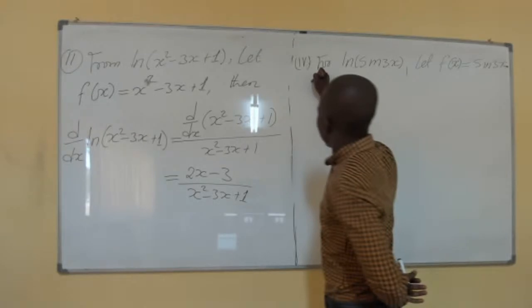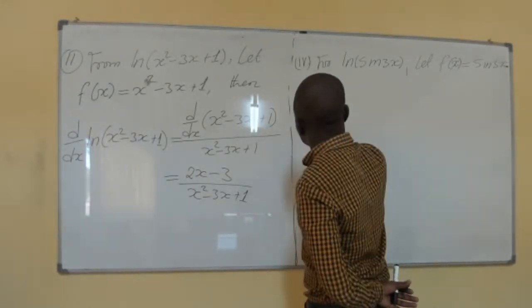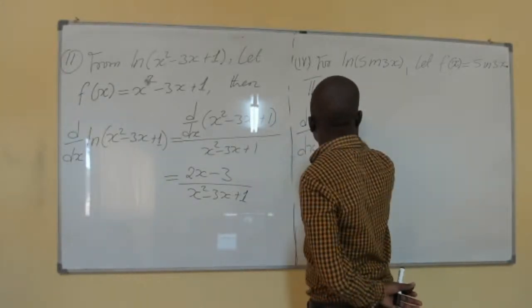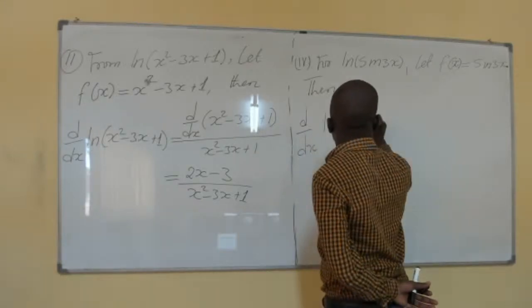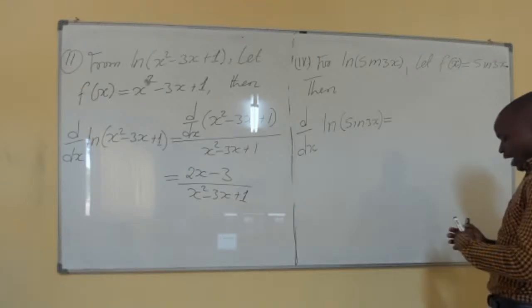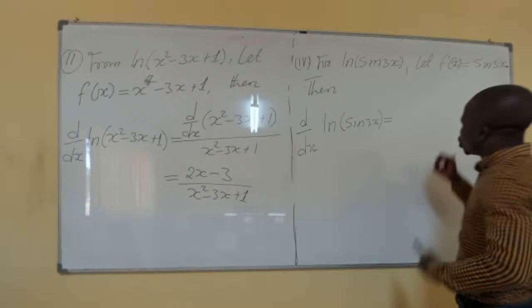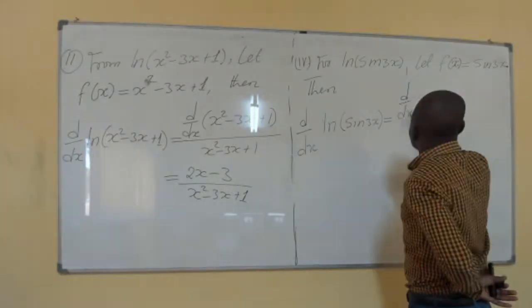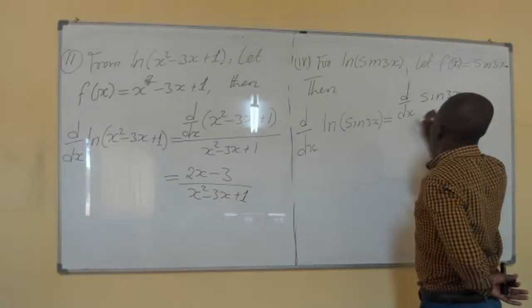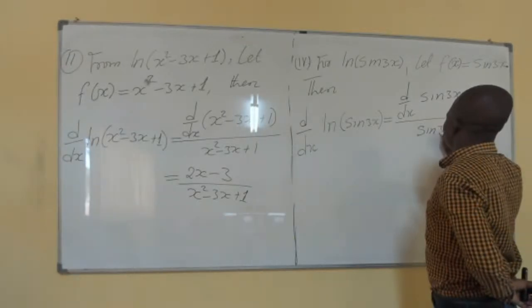Then, if we let our f of x be that, the derivative with respect to x of ln of the sine of 3x, according to the logarithmic differentiation rule, is equal to the derivative with respect to x of sine 3x divided by the sine 3x.